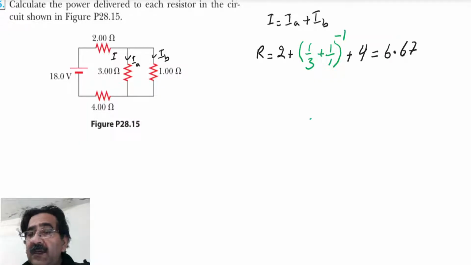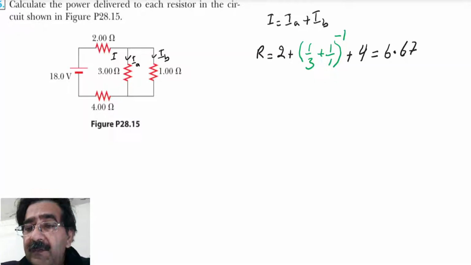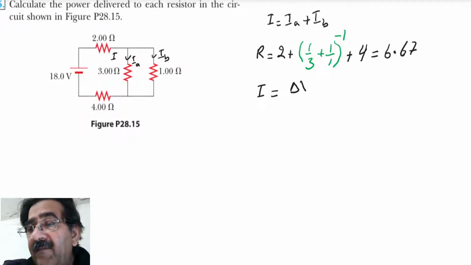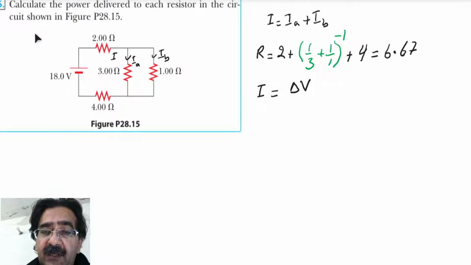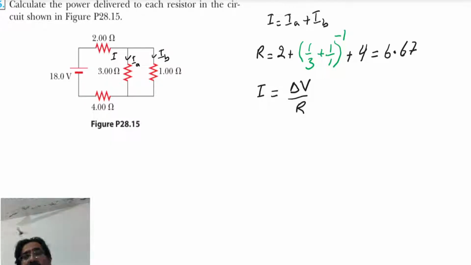So this will be the resistance. Okay, now I have to calculate this current I. This I will be equal to delta V, the potential drop, over the total resistance.